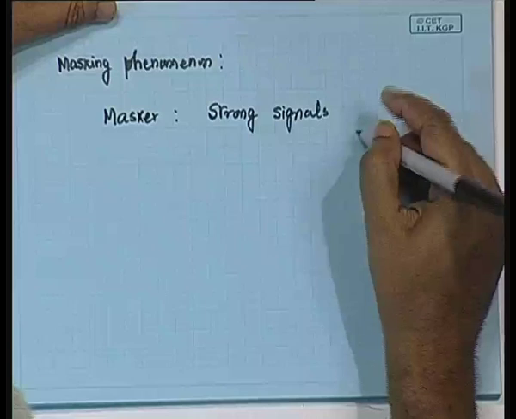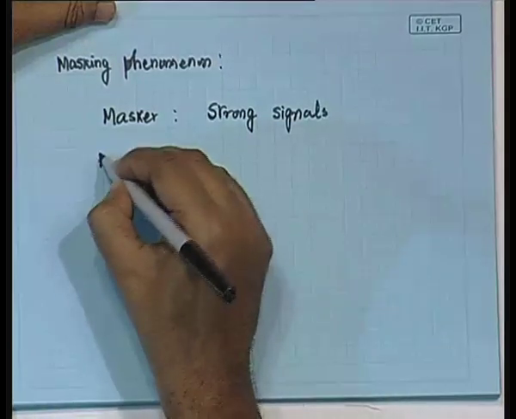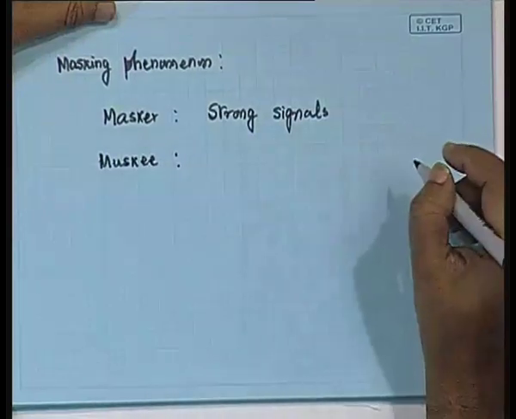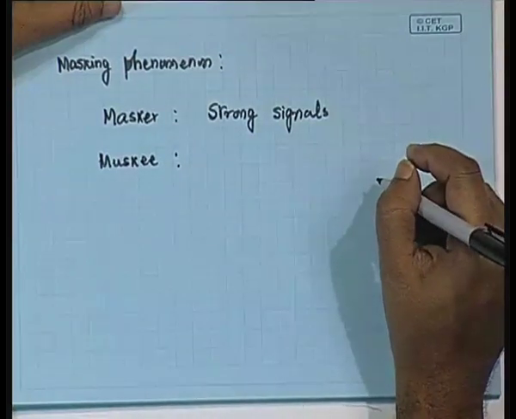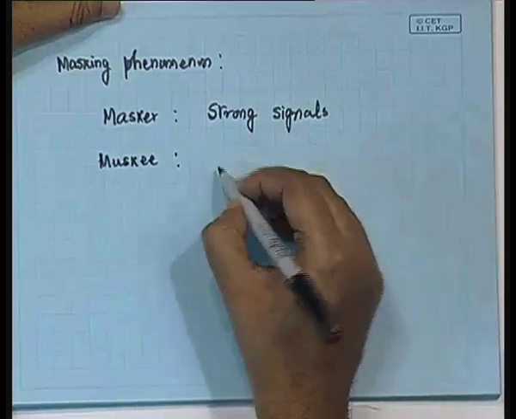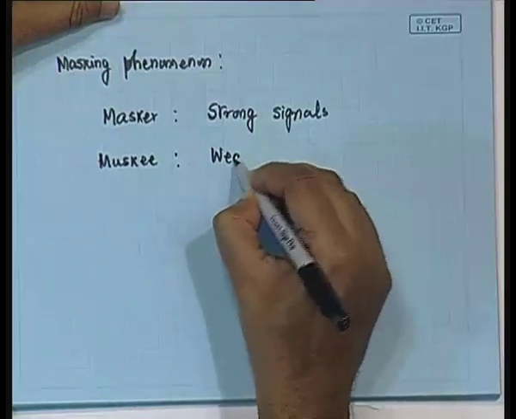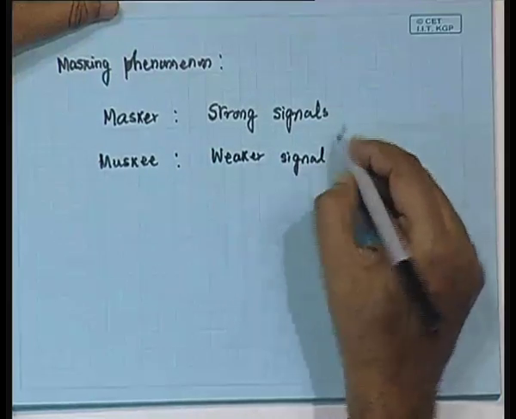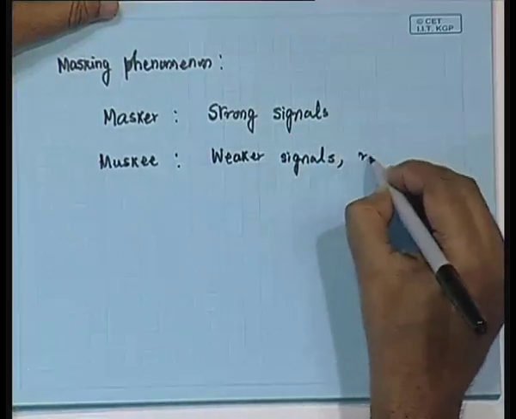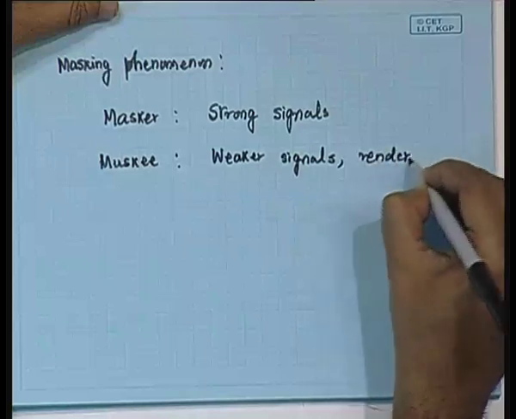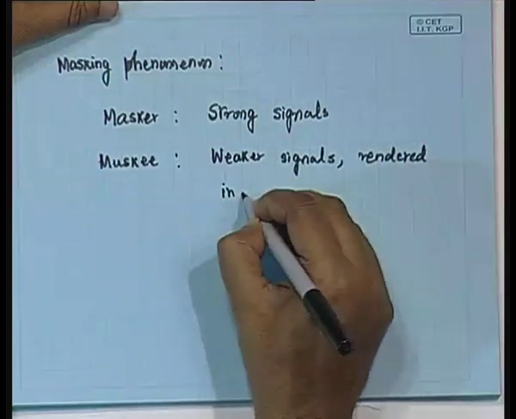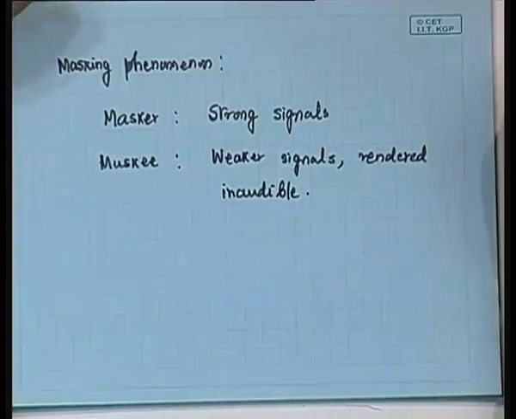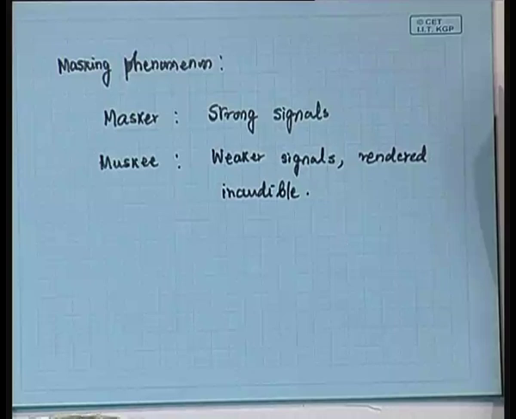The signals that get masked, or rendered inaudible, are referred to as maskees. So, maskees are the weaker signals in the vicinity of the maskers, which are rendered inaudible, or you can say they are masked off. And this is a very interesting effect.